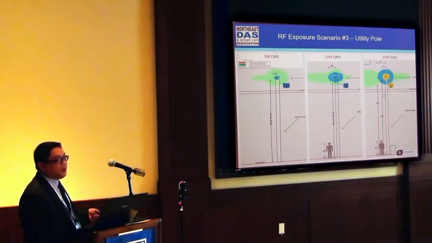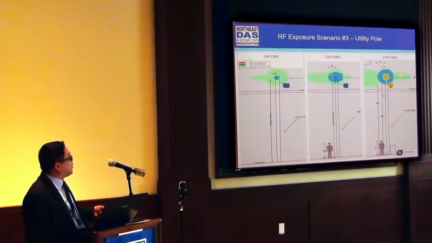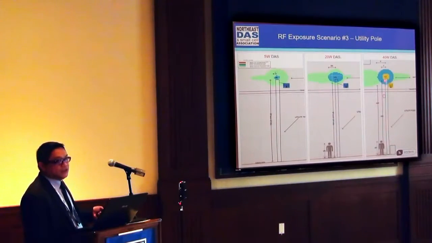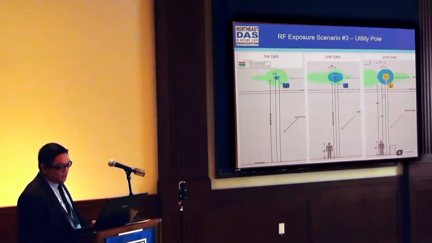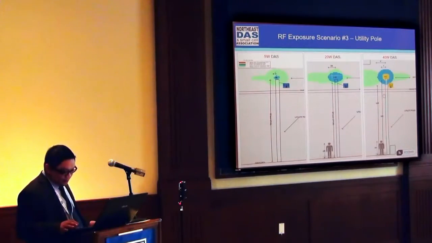Like if this was a power pole and somebody needs to work on the power pole, you need to consider the fact that at this level, you may actually want to turn off the radios for people to work above, because this is very close. You need to be within 2 feet or 4 feet of the antenna to be compliant. And you can't really work 4 feet away from the pole if you're trying to work on the power lines, right?